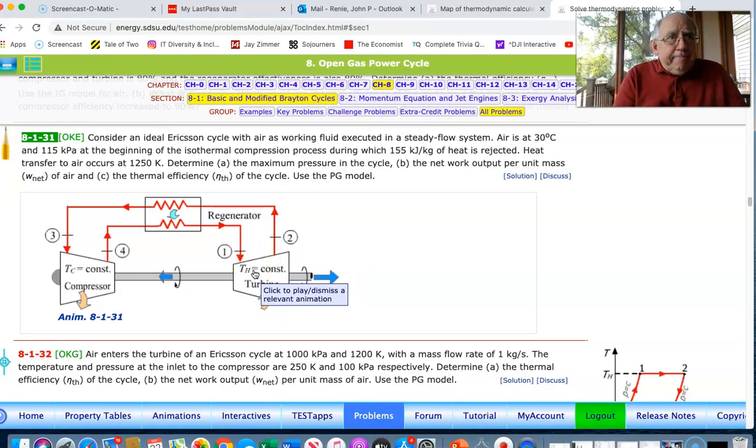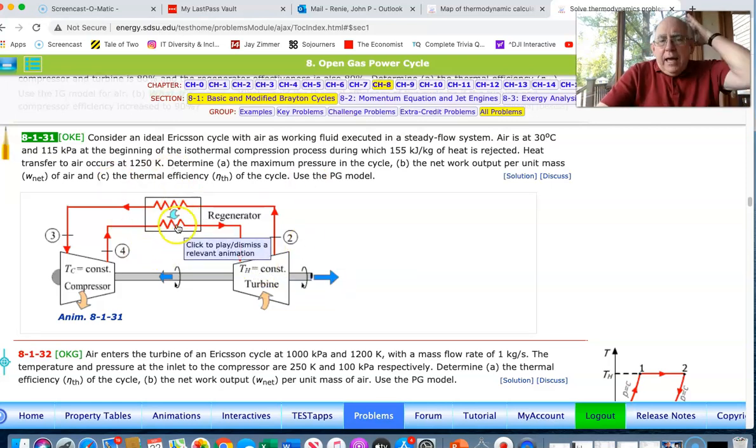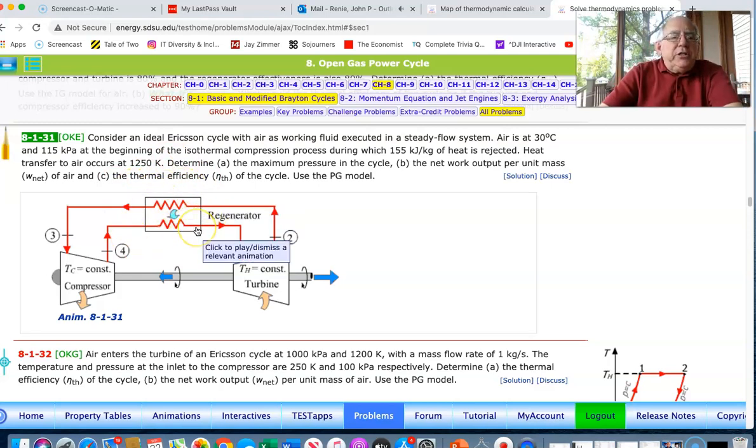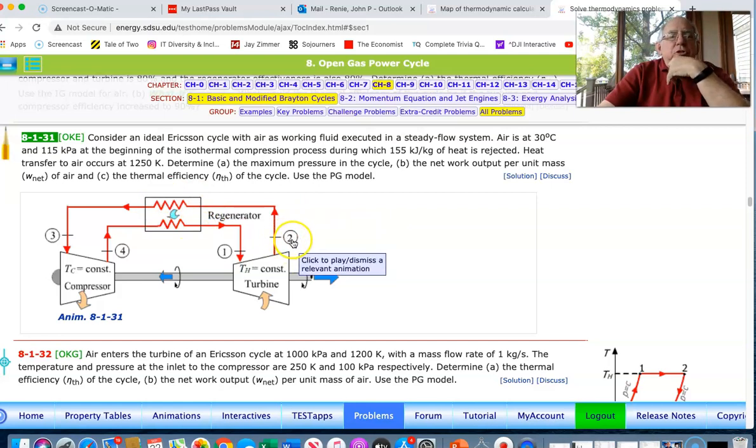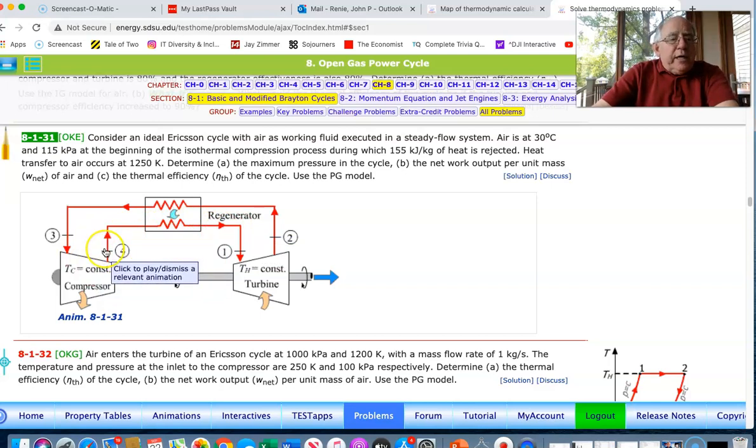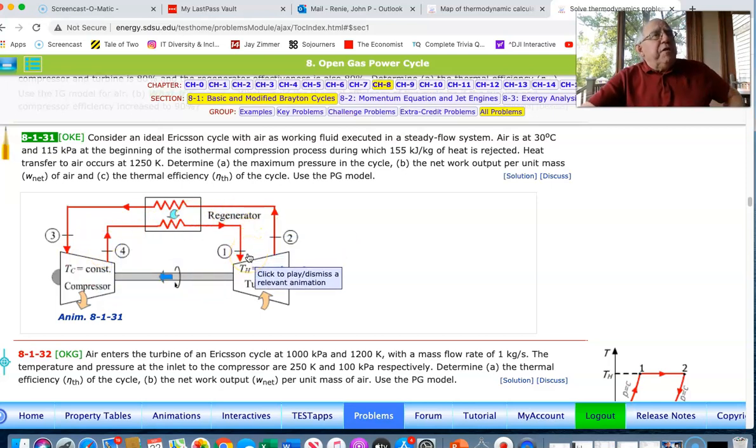Then we have this regenerator, which is just a heat exchanger. We know the incoming temperature of one stream is 1250, and it drops to 30 degrees through this process, whereas the fluid in the other path goes from 30 degrees up to 250.